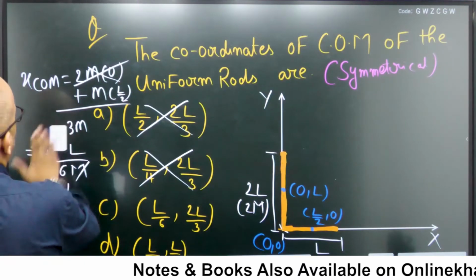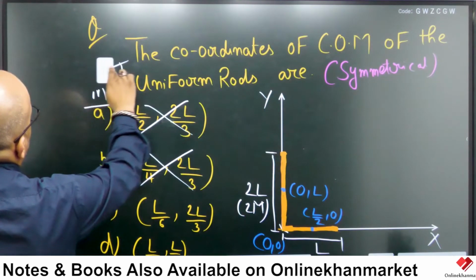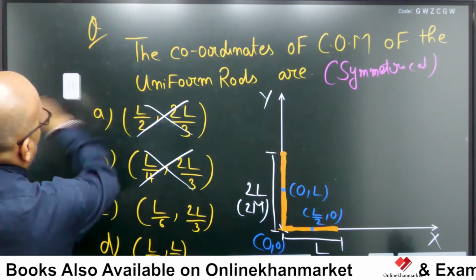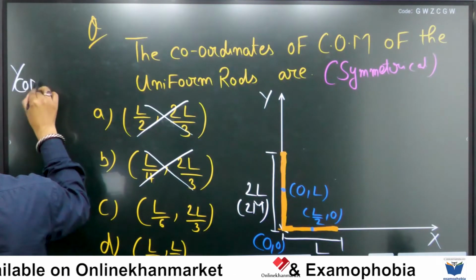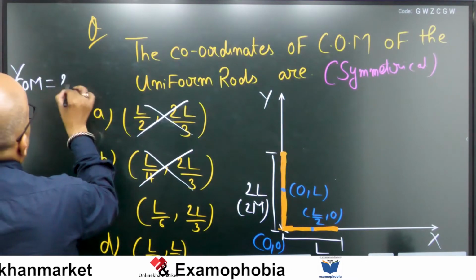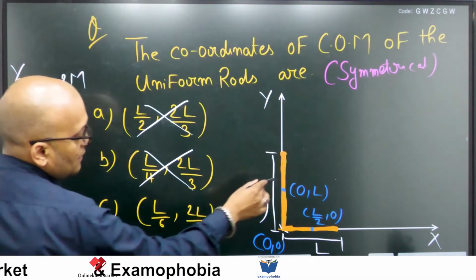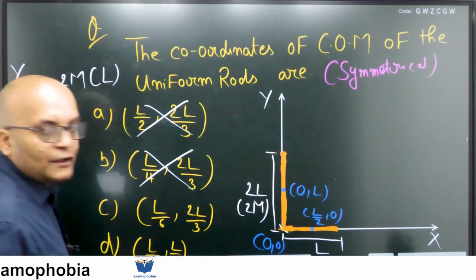Fine, let's find out the y coordinates. No issue. Okay. So y coordinate of center of mass of this system will be m1 into y1, that is 2m into y1, which is L, plus m2 into y2.